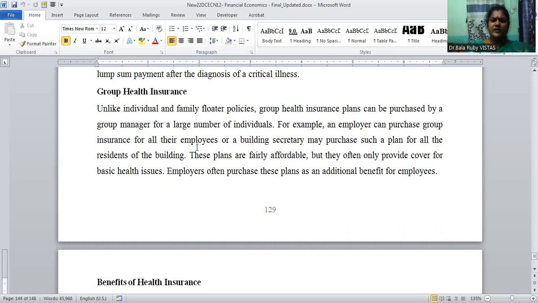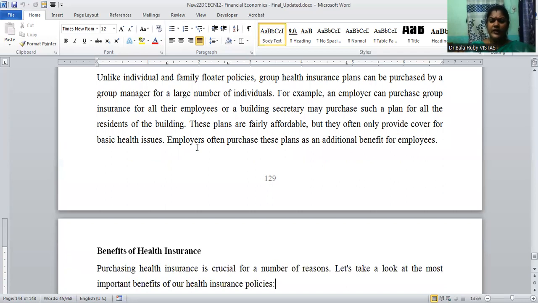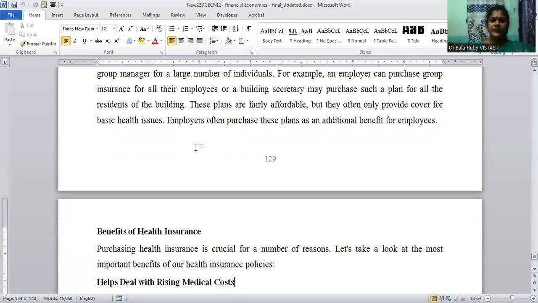These plans are affordable, but they often only provide cover for basic health issues. Employers often purchase these plans as additional benefits for employees.